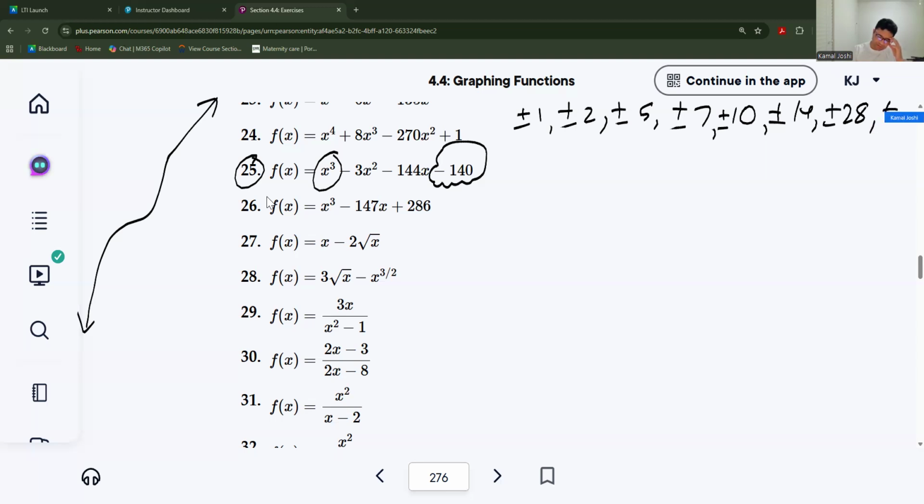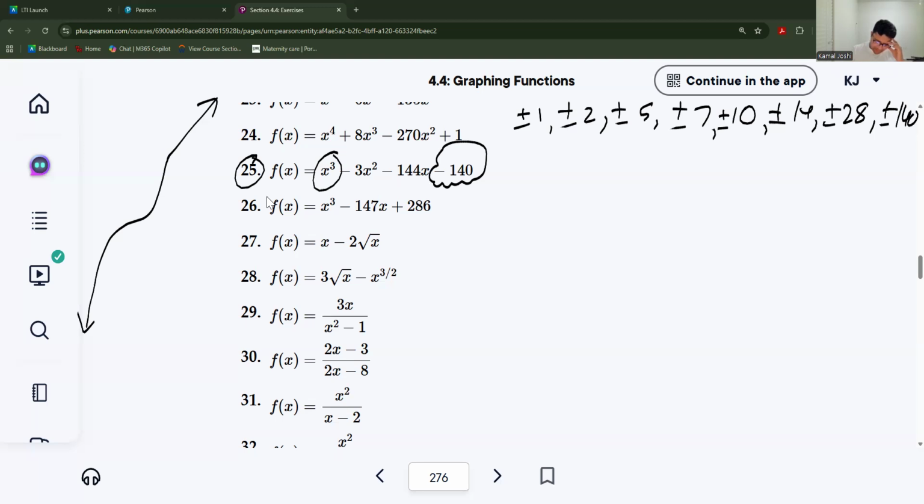I might have missed something, but anyway, we don't have to try all of them. If you test with all of them, you might find a zero if there is one. And then you can factor the remaining quadratic part after doing the synthetic division. Okay. So you will be able to know the zeros. The rest of the process is similar.